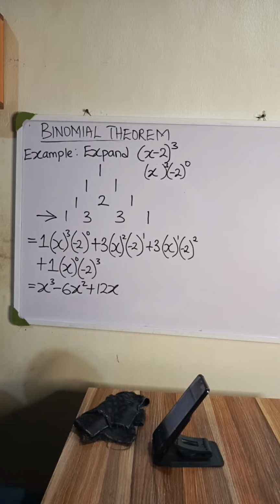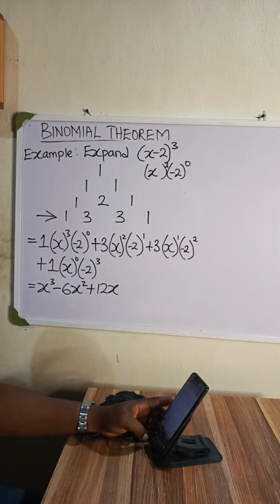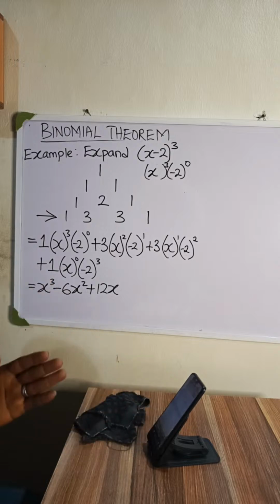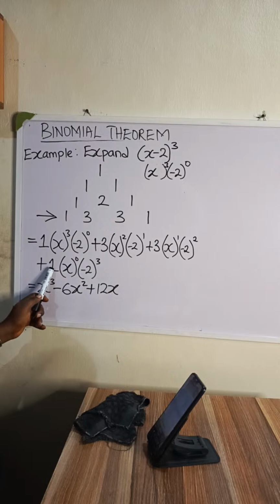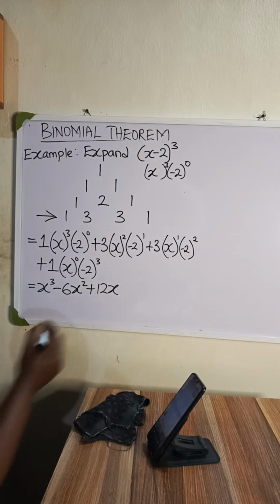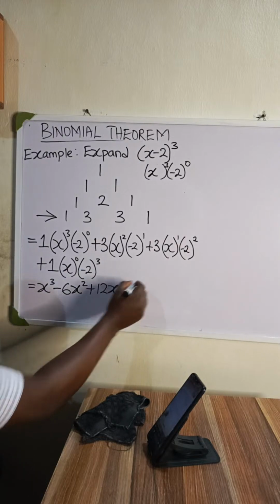Hope you guys agree with that. So minus 8 times 1. Remember, x to the power of 0 is 1. So we have 1 times minus 8, and that will give us minus 8.